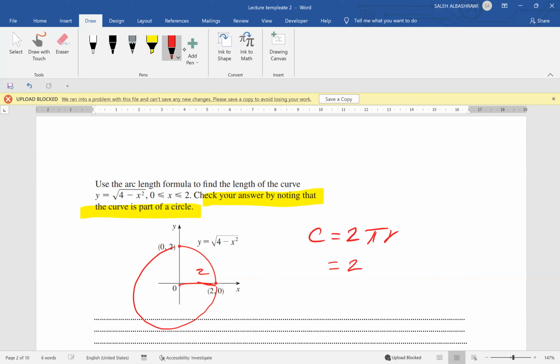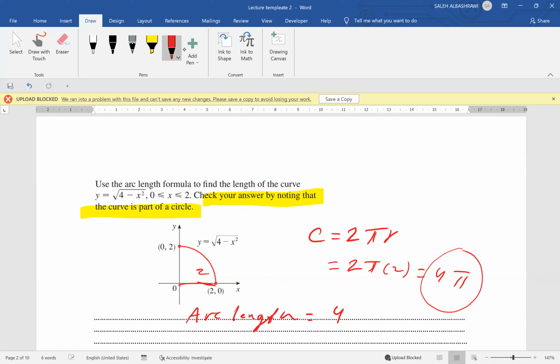So this is 2 pi multiplied by 2, which is equal to 4 pi. This is the whole circle, but I need only this part, which is one quarter of the circle. Now the arc length in this case is equal to 4 pi divided by 4. That will give me 1 pi. Now this will be the arc length for the given curve.